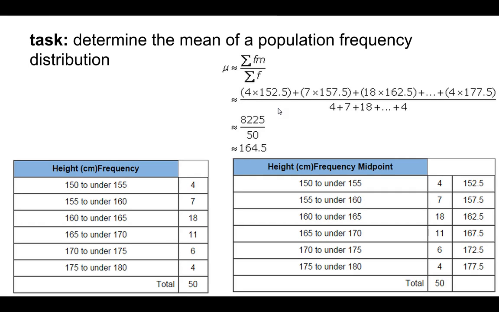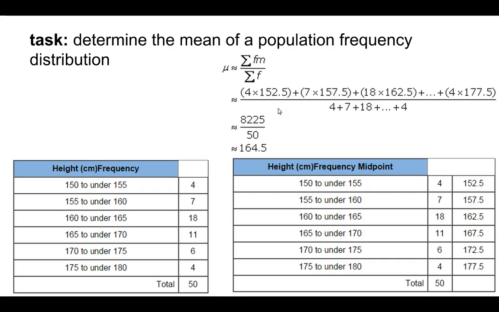And the way that you write this kind of mean calculation is that instead of fx, you're using fm, m representing the median, or the mean, my apologies. So we've got mu approximately equal to the sum of f times m, the frequency times the midpoint, all over the sum of the frequencies.